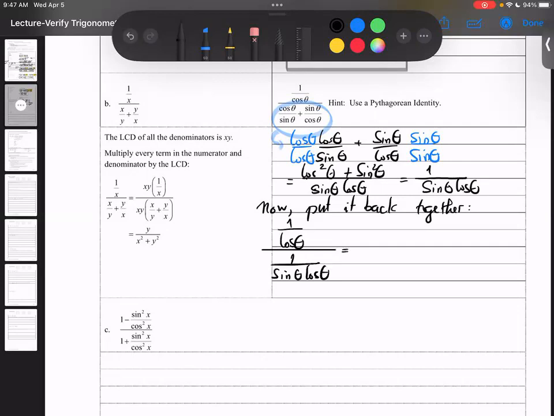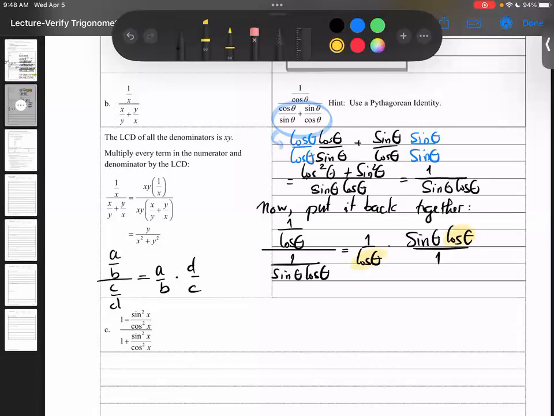This is the same thing. So 1 over cosine theta times, flip and multiply the second fraction, sine theta cosine theta over 1. Simplify, simplify. Your answer will be just sine theta.